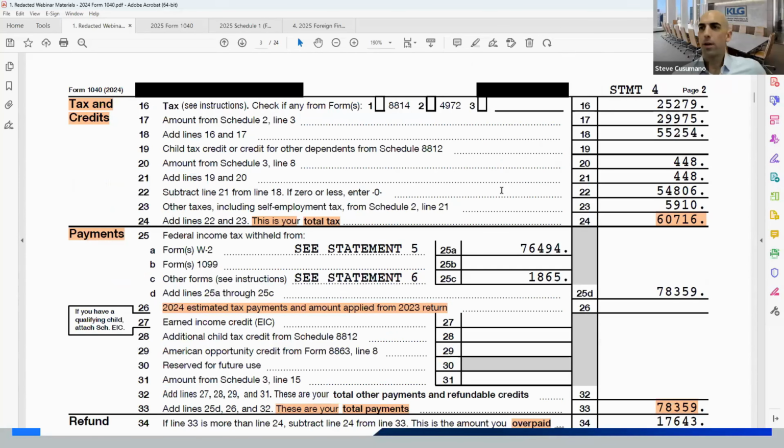Rich, in the meantime, we have another question, and I think this is a more complicated question than it seems on its face. Is there a way to determine what each spouse makes on a joint return? Well, yes. One, yes. And two, it depends on the preparer.